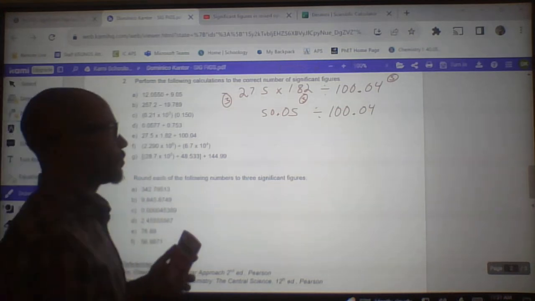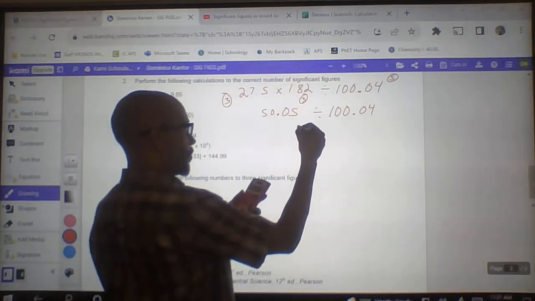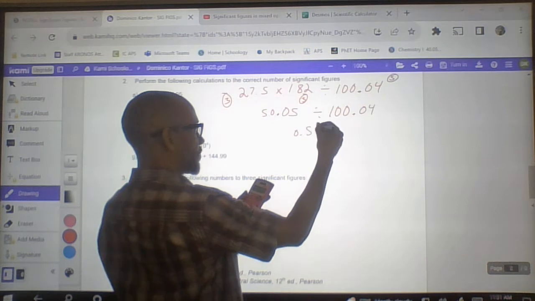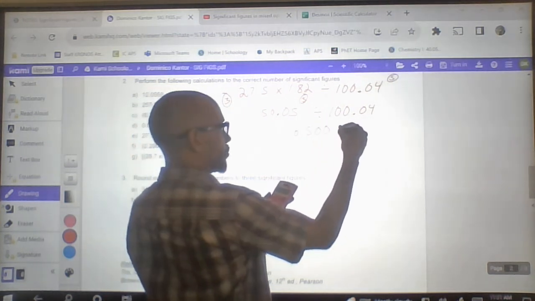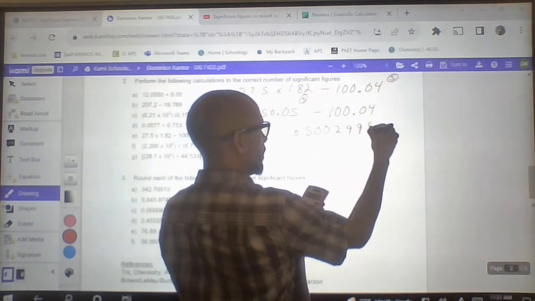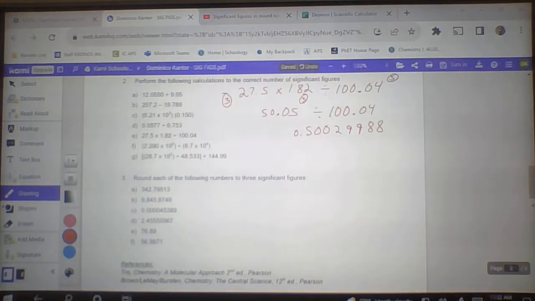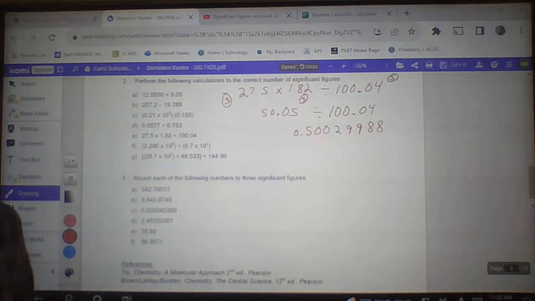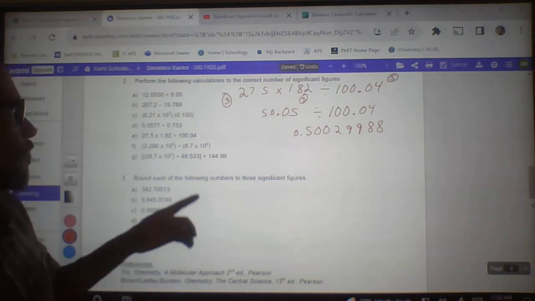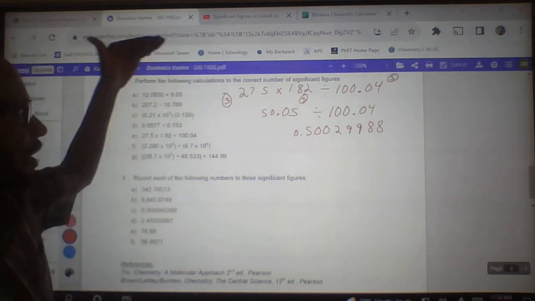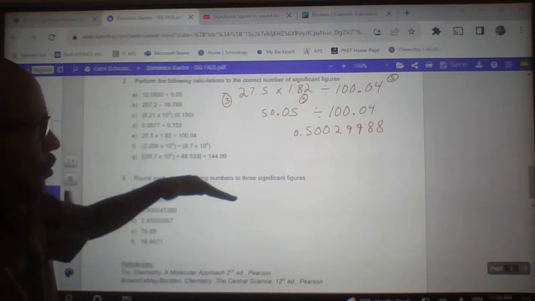When we do the division for this one, we get 0.50029988. Now we have our exact value, and then we're going to go back through and do the rounding and bring it forward.